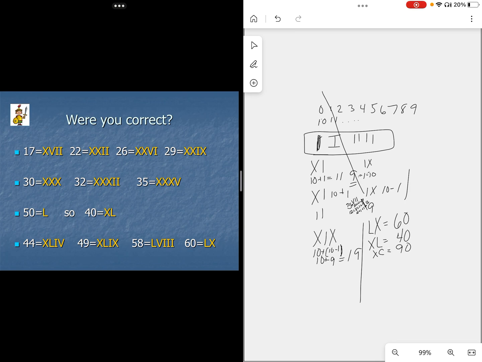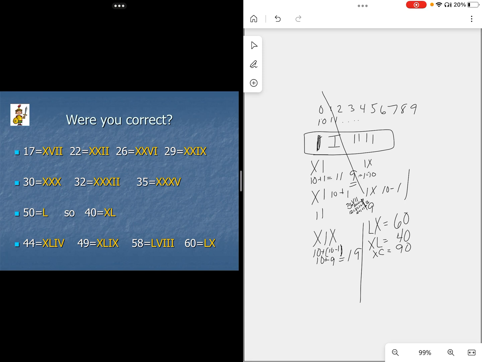I is 1, but the smallest letter you can have in front of M is C. So you can write 900 as CM, and then 99 would actually not be written as IC either. You can't do that. Instead, you got to go to the tens place.